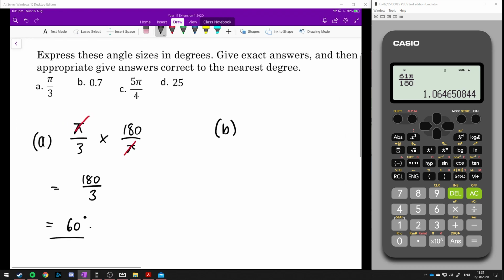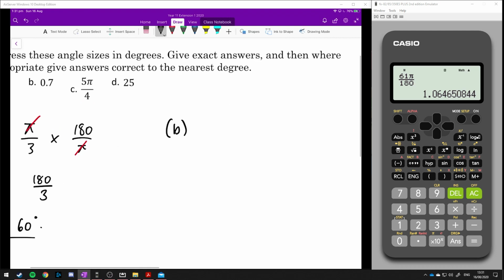0.7, so just 0.7. So 0.7 times 180 on pi. Okay, so 0.7 times 180, that's equal to 126. So this is 126 on pi, which is approximately equal to 40.10.